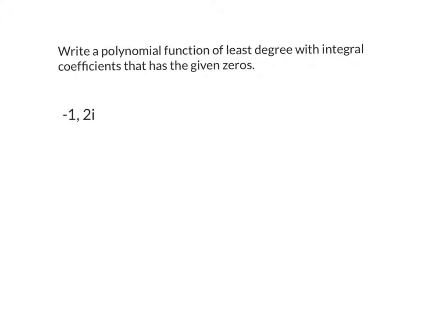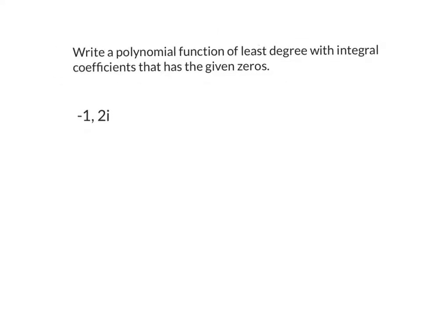So if you look at this question, it says write a polynomial function of the least degree, so the lowest degree possible, with integral coefficients, so no imaginary numbers, that has the given zeros. Now they give us x equals negative 1 and x equals 2i. According to the conjugate pairs theorem, if you have 2i, you will have negative 2i. And that is because we want the integral coefficients.